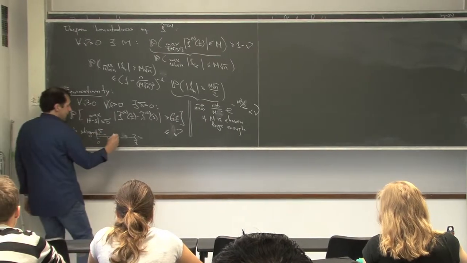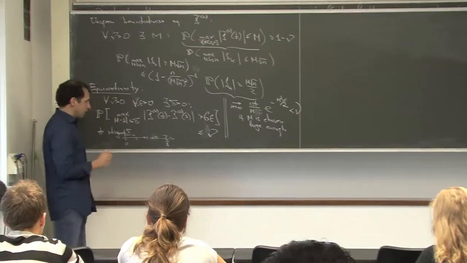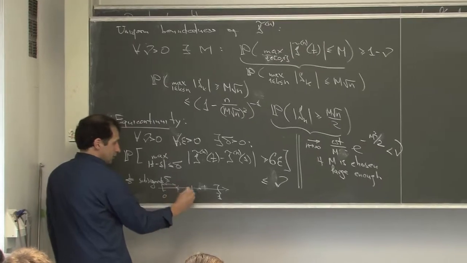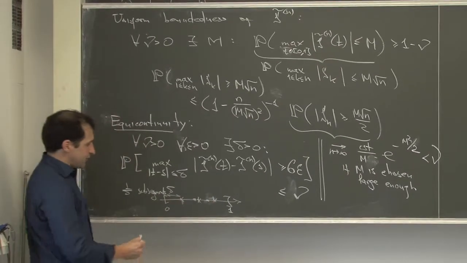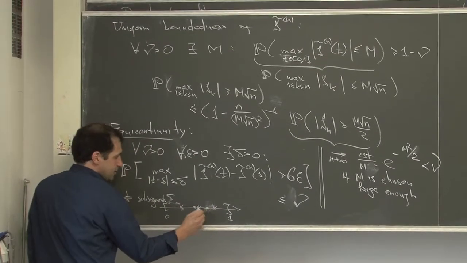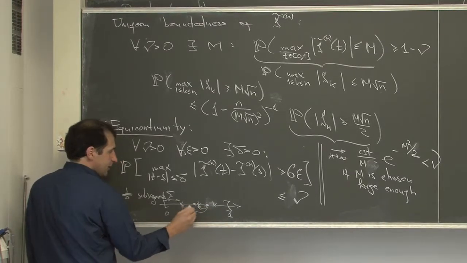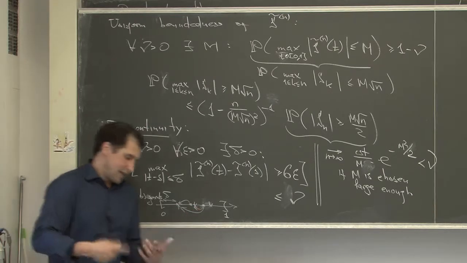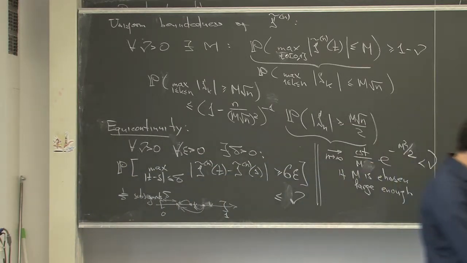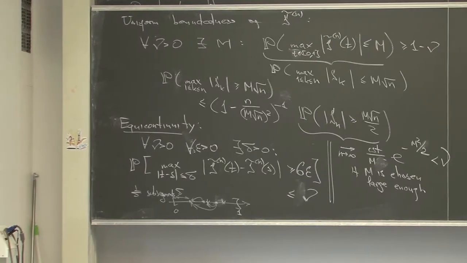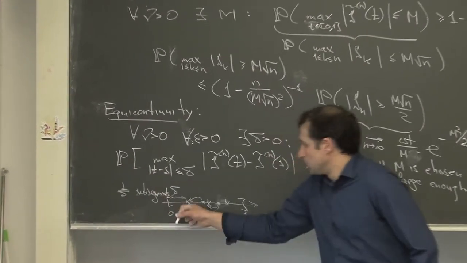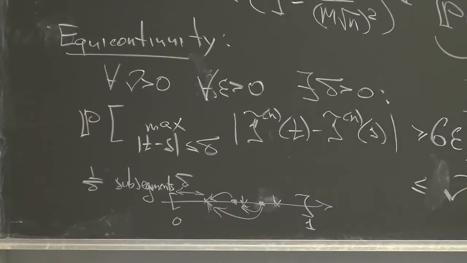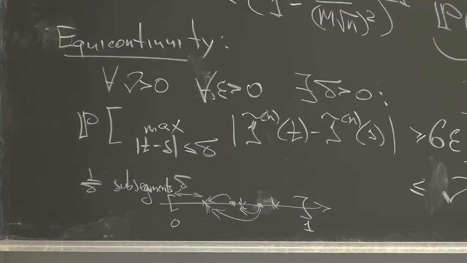Then what I'm saying is that if for 2 close points this difference is huge, it means that one of the differences between, say, here and here, or maybe here and here, or maybe here and there, is also huge. I mean, the idea is that it's enough to control the increments with respect to 1 over delta points here. So if I know that all these increments over the segment are under control, then I'm done.